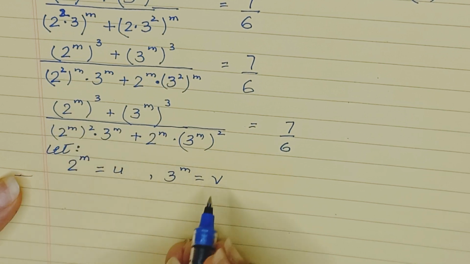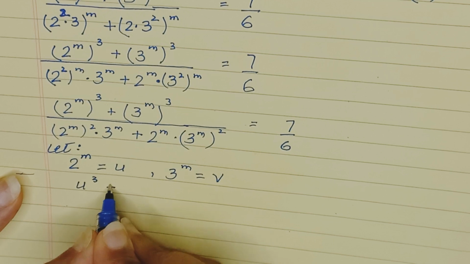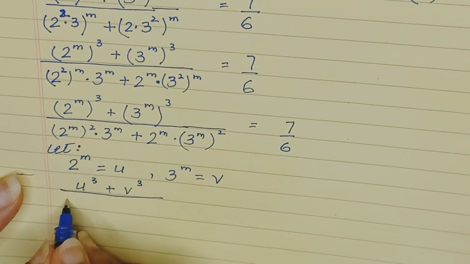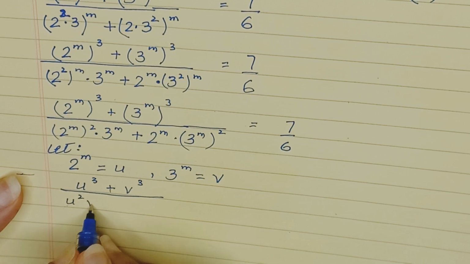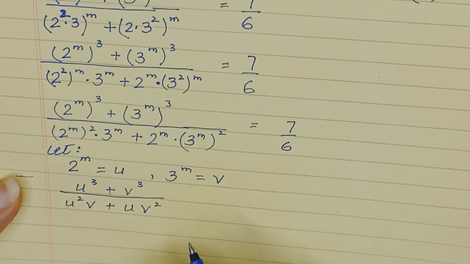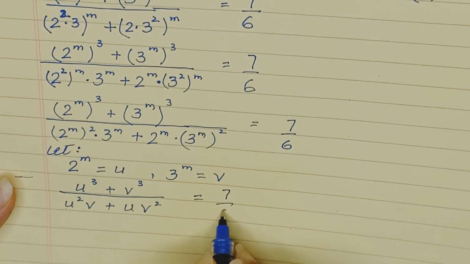So it will become (u^3 + v^3) divided by (u^2 v + u v^2), which is equal to 7/6.